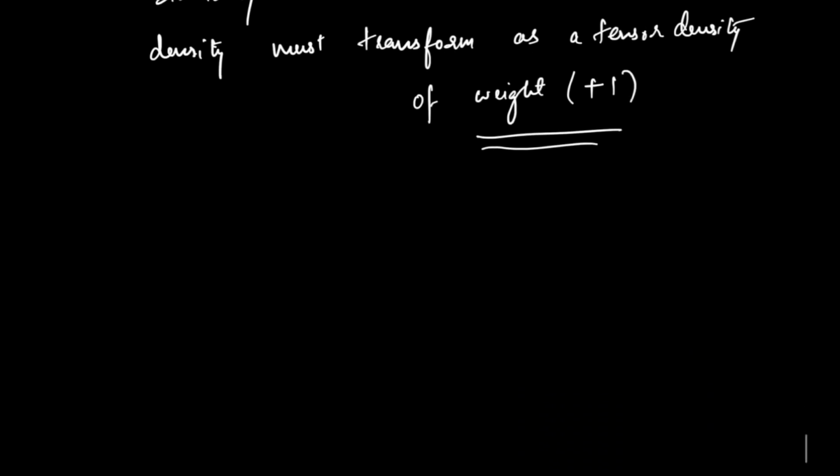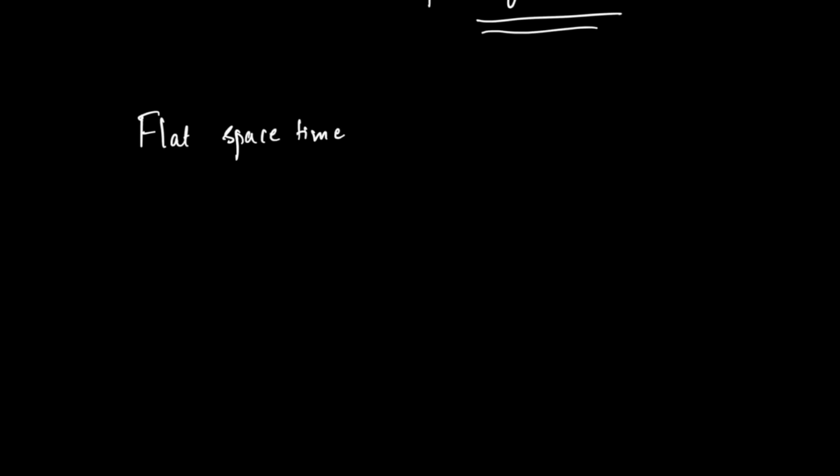So in a flat space-time, we know that the volume element must remain invariant. In Lorentz transformation, you might have learned that Minkowski space-time is the flat space-time. In the flat space-time, the volume element should remain invariant under Lorentz transformation.